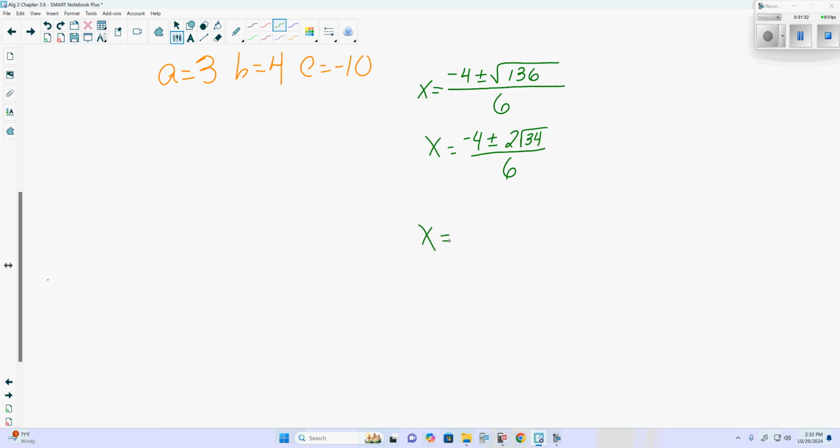We're dividing each term by 2, so negative 4 divided by 2 is negative 2. The 2 square roots of 34 divided by 2 is just the square root of 34, because the 2 factors out completely. 6 divided by 2 is 3.